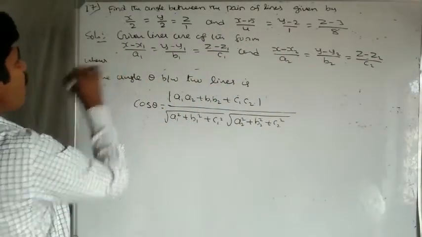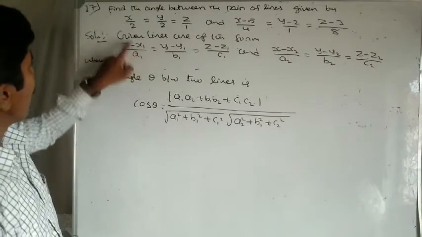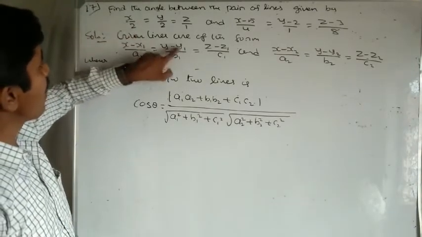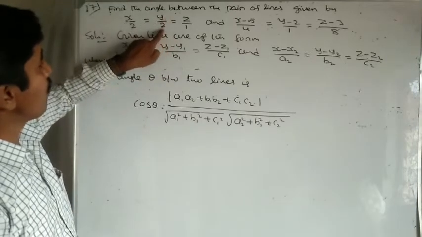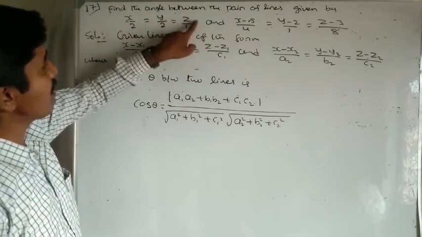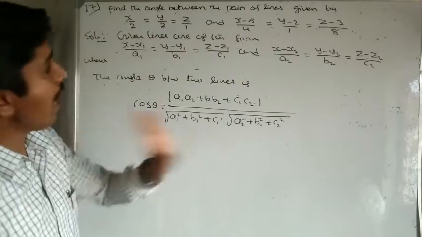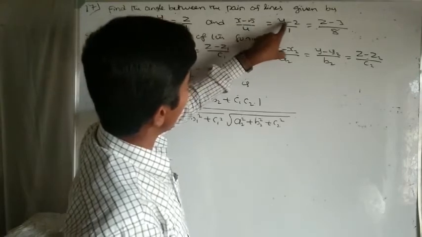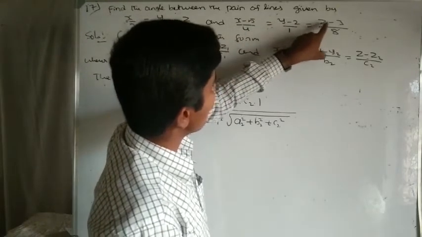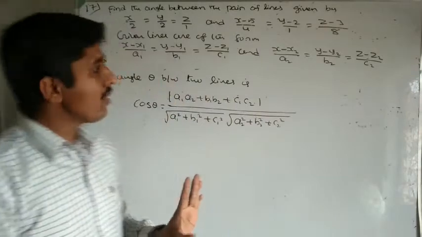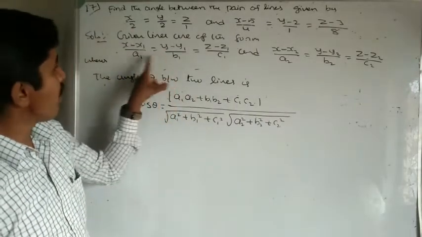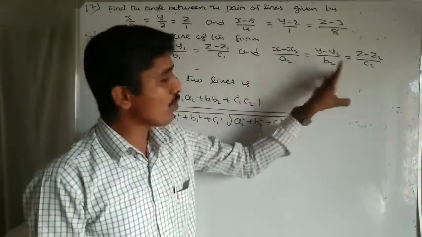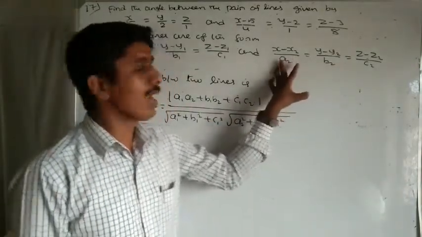Mind it, x minus x1 by a1, here x1 value 0, y minus y1 value 0 divided by b1 equals z minus z1 value 0 by c1, and the second one x minus x2 by a2 equals y minus y2 by b2 equals z minus z2 by c2. We have to write direction ratios. a1, b1, c1 are the direction ratios of the first line; a2, b2, c2 are the direction ratios of the second line.